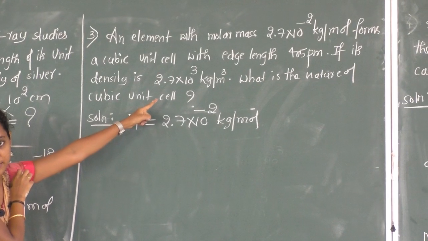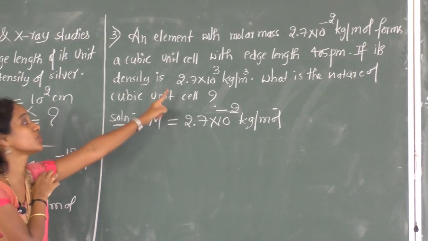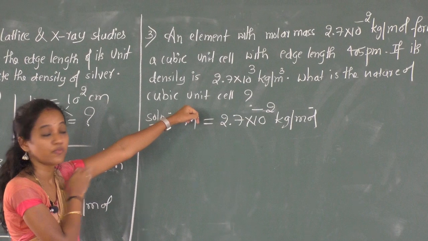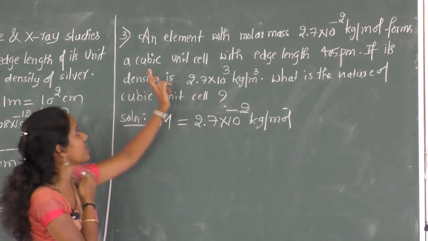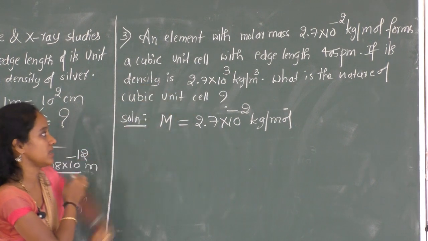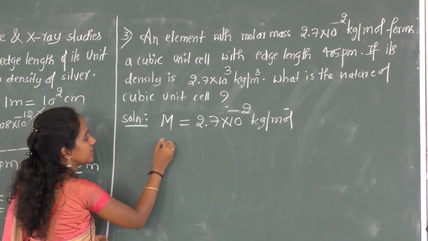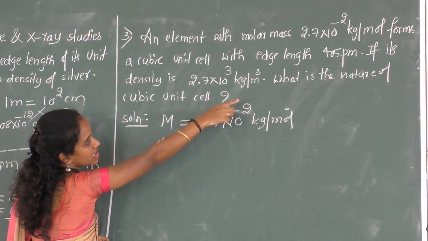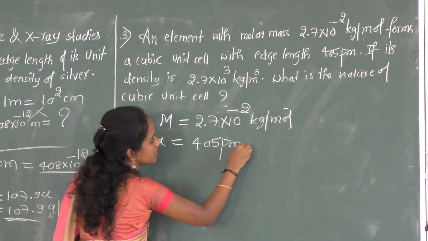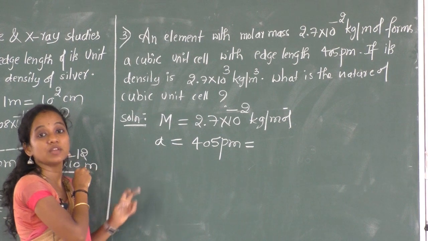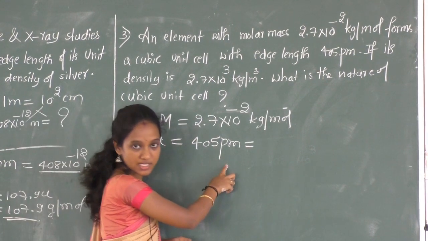It is not given which type of cubic unit cell, whether it is simple, BCC or FCC, just mentioned here that cubic unit cell with edge length A, with the edge length 405 picometer, which is equal to, what is the value of pico here? 10 to the power minus 12.